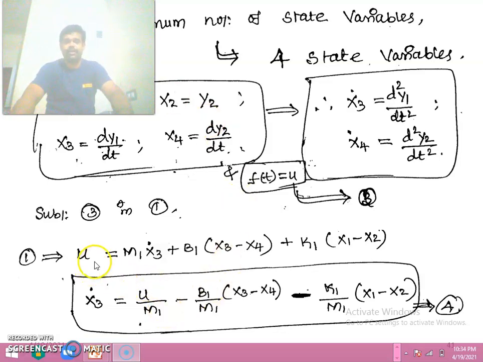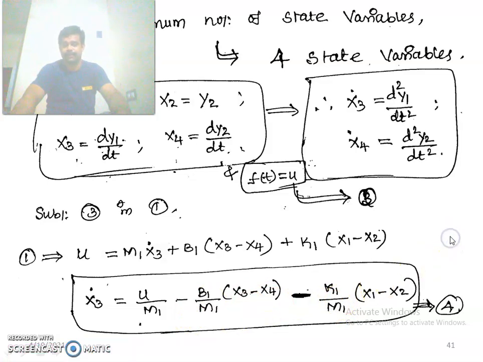Instead of f of t you are substituting u, instead of d square y1 by dt square you are substituting x3 dot, in the place of dy1 by dt you are substituting x3, and in the place of dy2 by dt you are substituting x4. So after substituting, from this equation you are calculating x3 dash.